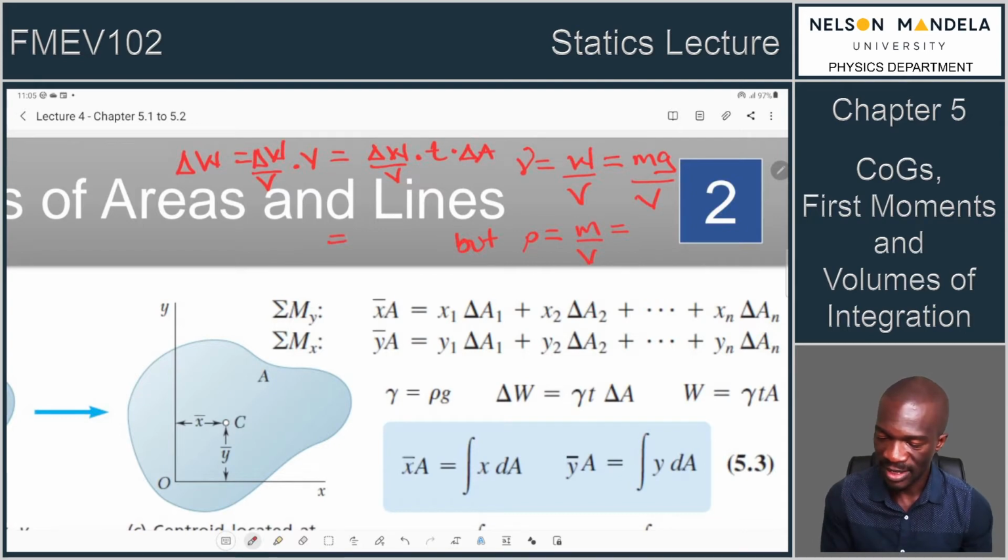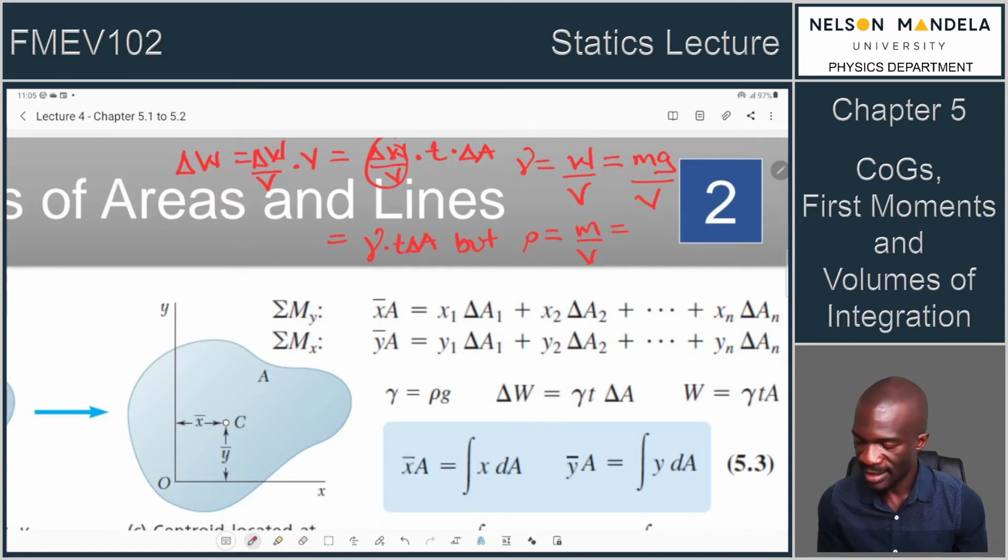This implies that we can replace this and we get gamma multiplied by t multiplied by delta A. This is the source of this equation. So what we have done is define the weight in terms of the specific weight, the thickness, and the cross-sectional area.